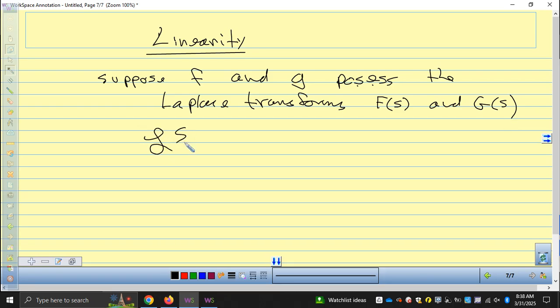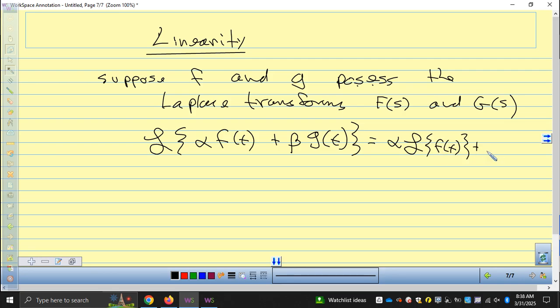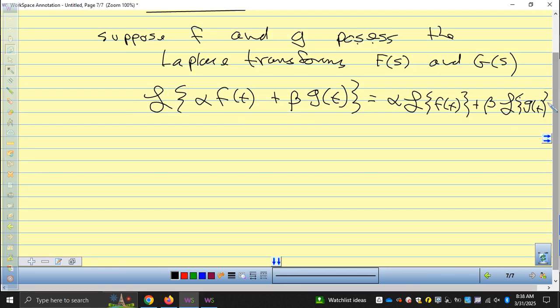The Laplace transform of alpha f of t plus beta times g of t is alpha times the Laplace transform of f of t plus beta times the Laplace transform of g of t, which equals alpha F of s plus beta G of s.